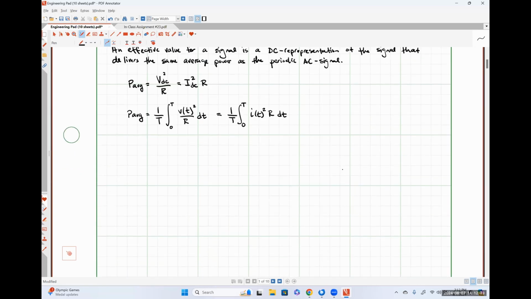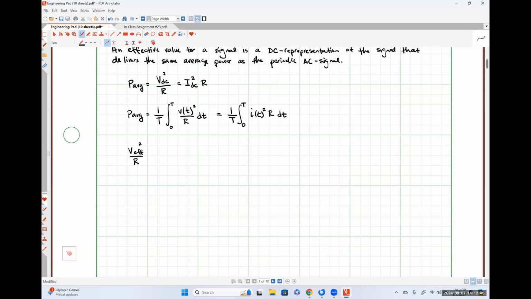So let's look at the voltage relationships really quickly. So we have V_DC squared over R. The first thing that I'm going to do is get rid of that DC thing and call this effective, because that's really what we're looking for when we do the algebra.